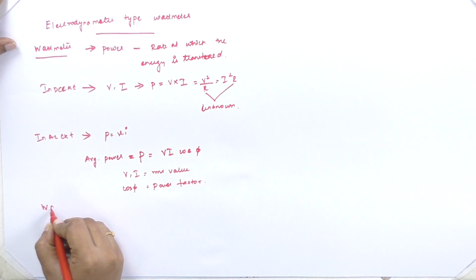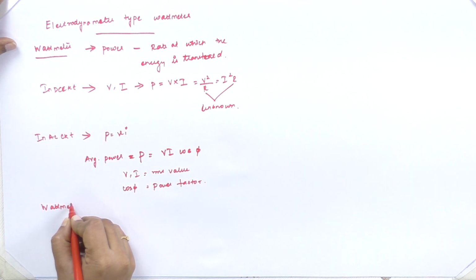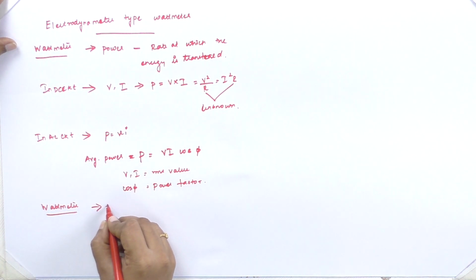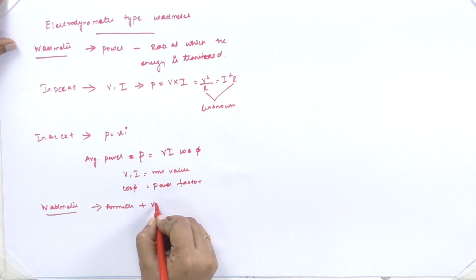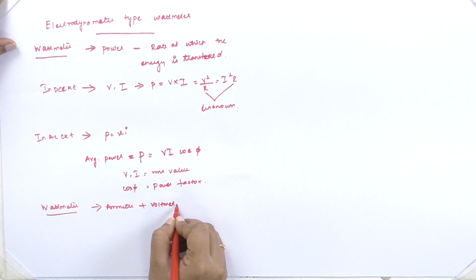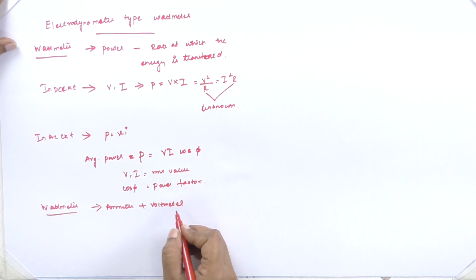Now let us see what is a wattmeter. A wattmeter is a combination of an ammeter and a voltmeter. It has both current coils and pressure coils.